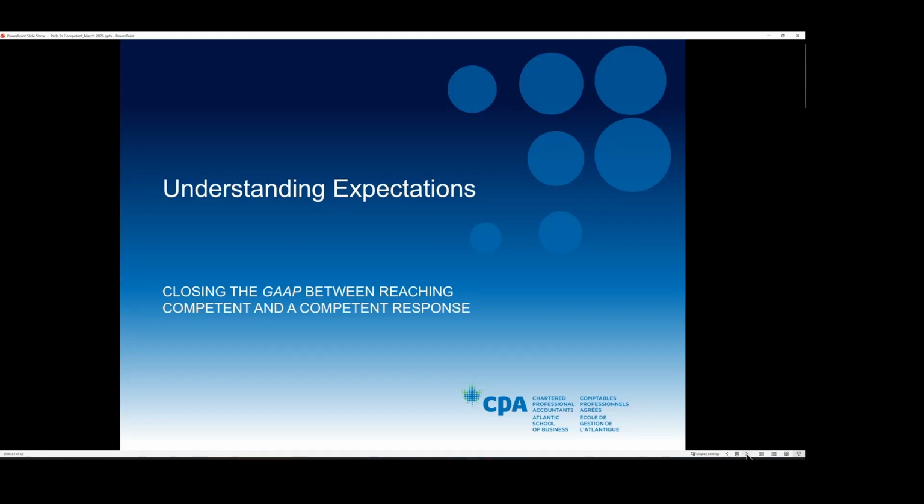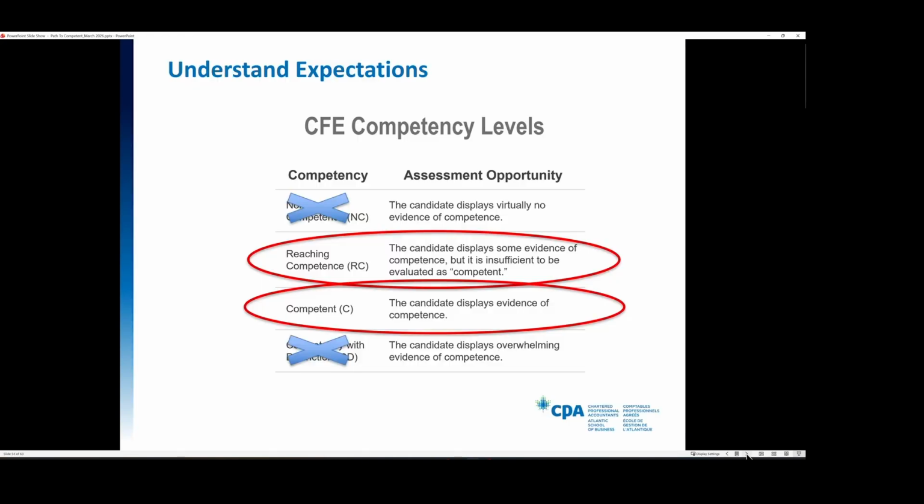So let's talk about the expectations from the perspective of the board of directors when it comes to a competent response. You notice here I have some of the potential assessments. I haven't included NA because that means you haven't addressed the required at all.